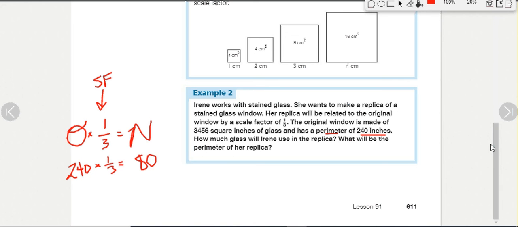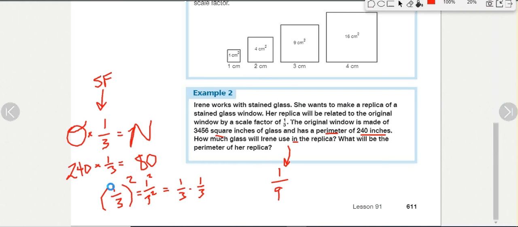But with area, we take the scale factor squared, which means 1/9. 1 times 1, 3 times 3, right? 1 squared, 3 squared is how you find that. Or you can think of it as 1/3 times 1/3. So that's 1/9.